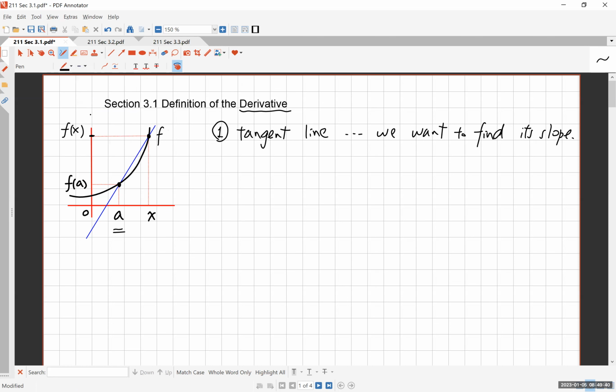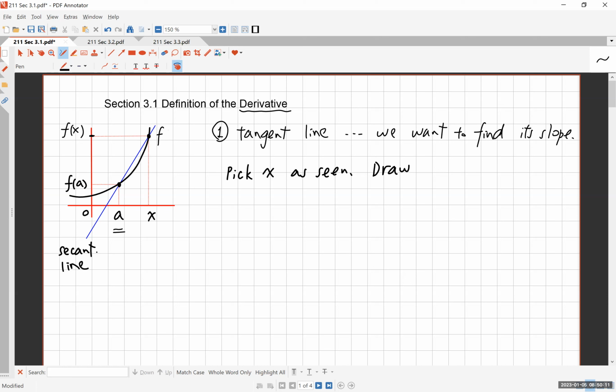Because we don't have a tangent line at the beginning, we'll have to start with some other line, and that's the one that I'm showing you. So first pick x, as you see here, and then you draw this line. Now this line is called the secant line. Basically a secant line is a line that connects two points on the graph.